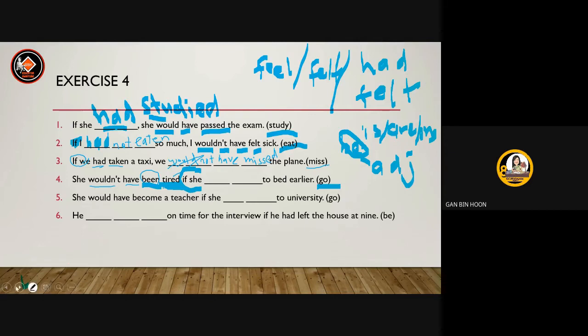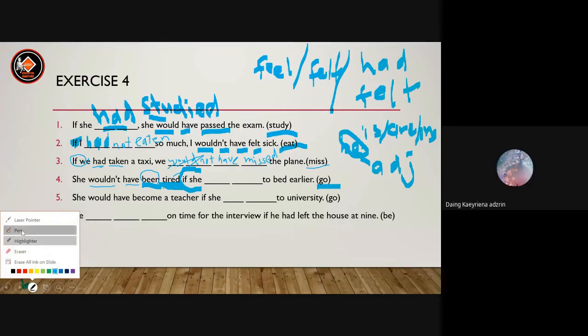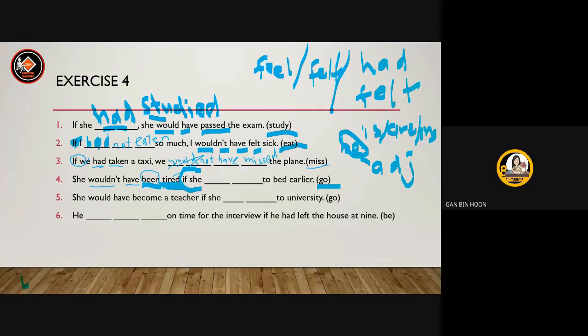So, what's the answer for number 4? Had go. Had? Go. What? Had go. Huh? Had went, Jen. What is the past perfect for go? Had run. What is the past perfect? Not past tense. Past perfect for go. Go.